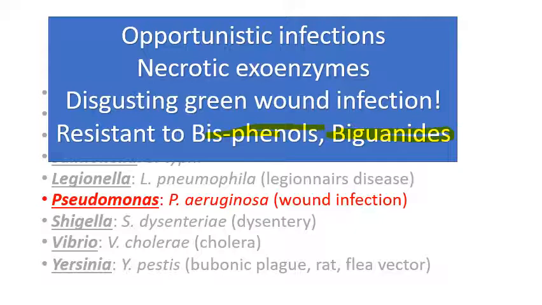If you have wounds, I wouldn't want to wash my hands with bisphenols or biguanides if I had a cut on my hand, for instance. You'll also find biguanides and bisphenols in toothpastes and mouthwashes, and they advertise them as being antimicrobial mouthwashes, and that's true because they kill most bacteria, but not Pseudomonas aeruginosa.